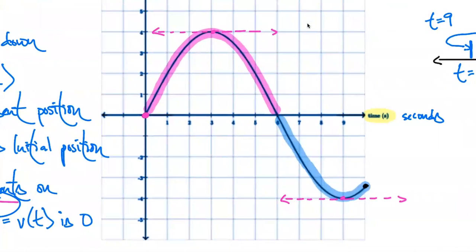At 1, the Y value looks to be about 2. And at 7, what is our Y value there? -2. Exactly, it's going to be at -2. So those 2 points, if I sketch a line between them, will give me the secant line that I'm looking for.